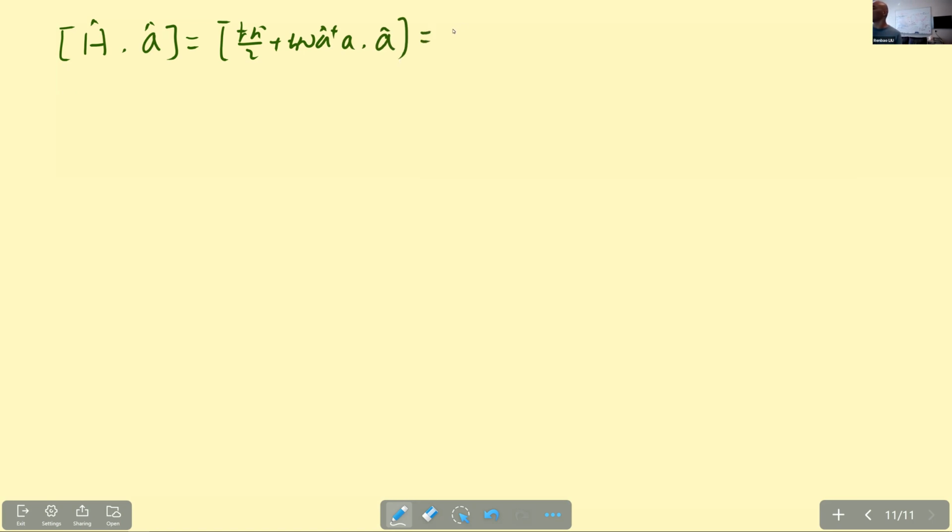And then we can say that this Hamiltonian and this lowering operator have a commutator just equal to, remember, h bar omega over 2 plus h bar omega A dagger A, and A. Okay, so that will equal h bar omega A dagger A times A minus A A dagger A, right?